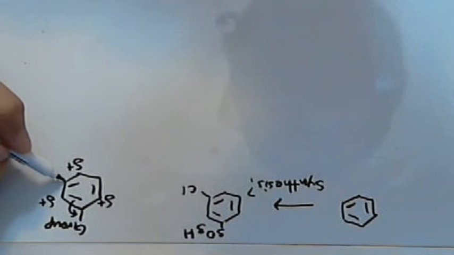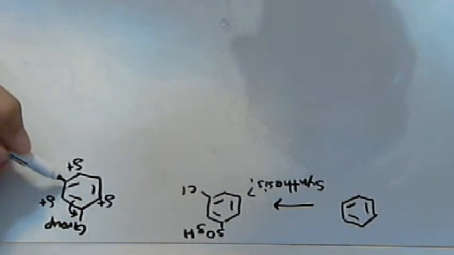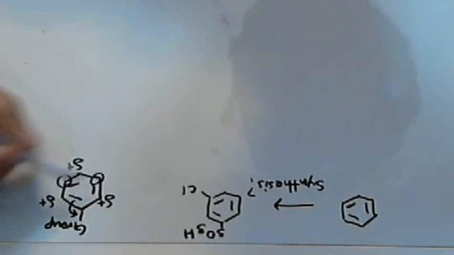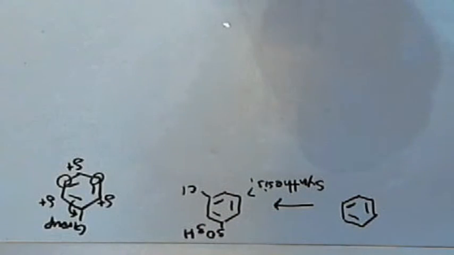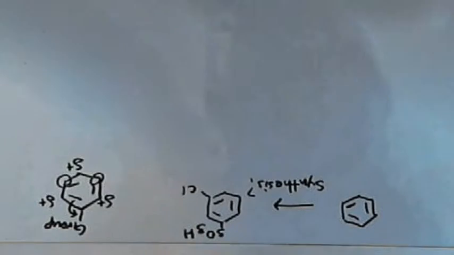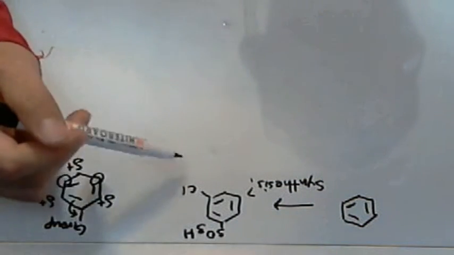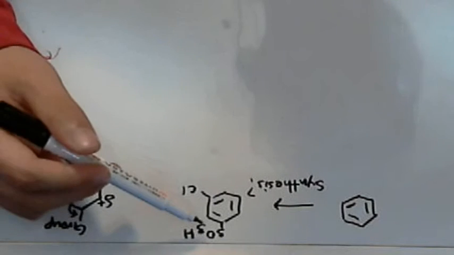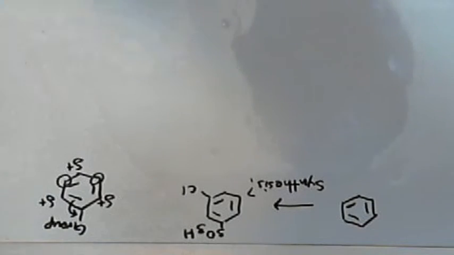So the only place that has sufficient negative charge to attack an electrophile, because our benzene ring is a nucleophile, is at these two locations here, and those are the meta locations, right? So the question we have to ask ourselves to decide which reaction is carried out first is which of these withdraws electrons through the pi system, and that's this SO3H group, right?